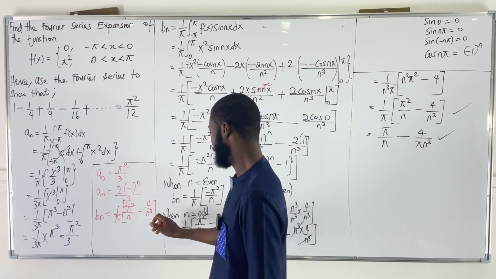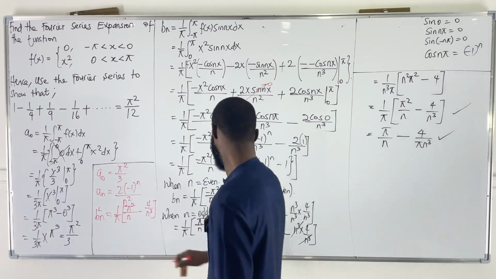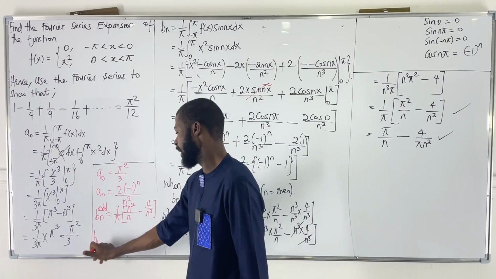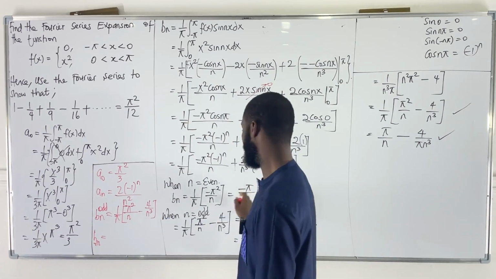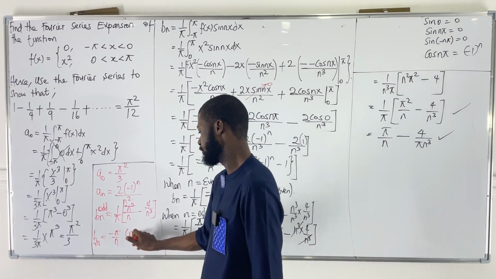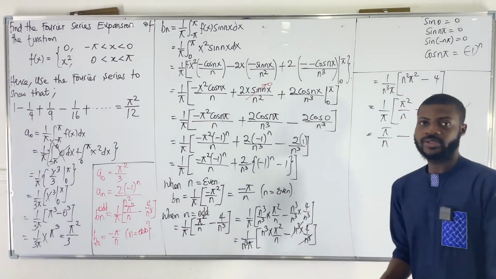This is when n is odd. Then b sub n is equal to minus pi over n when n is even. All right, so let us proceed.